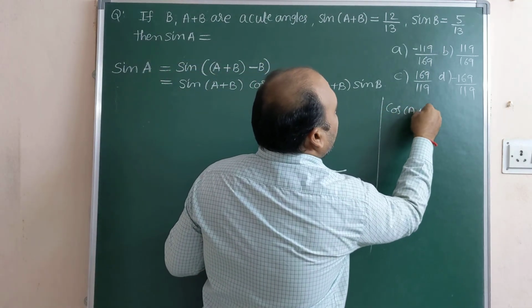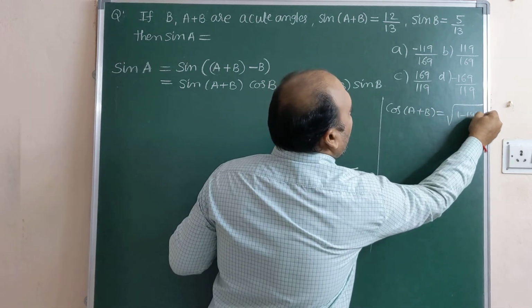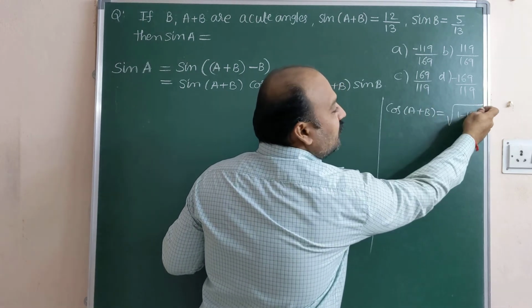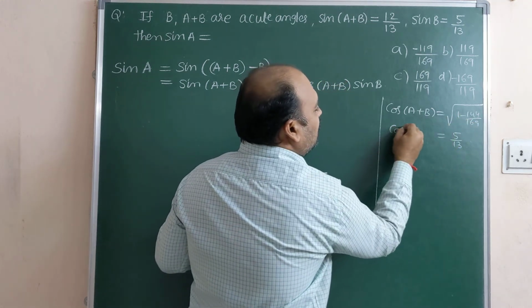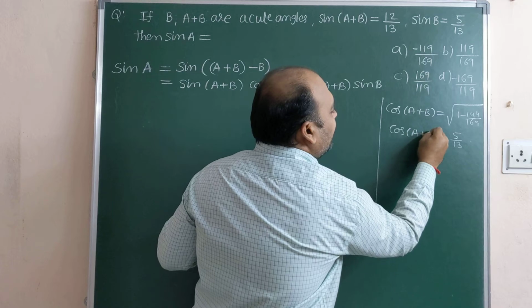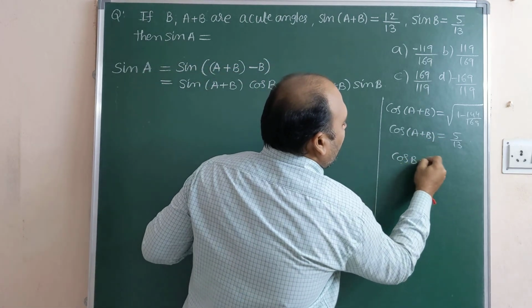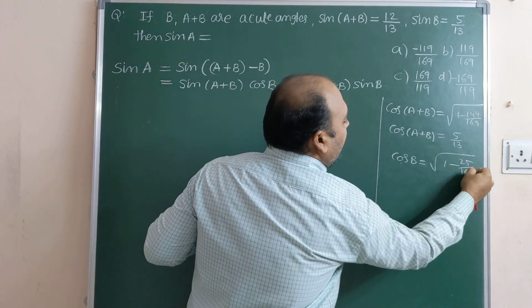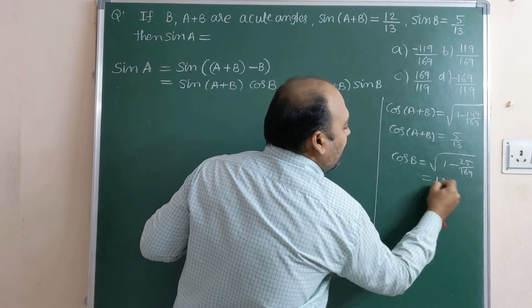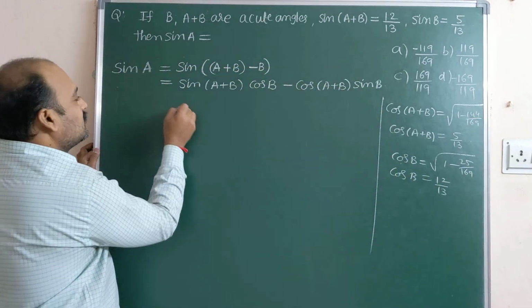Cos of (A + B) is root over 1 minus 144 by 169, so 25 by 169 means 5 by 13. This is cos of (A + B), dear students. Similarly cos B is root over 1 minus 25 by 169, so 144 means 12 by 13. Substitute these values and get the answer, students.